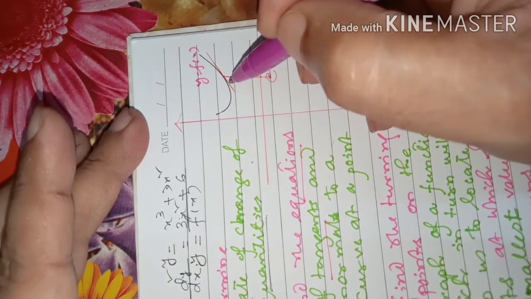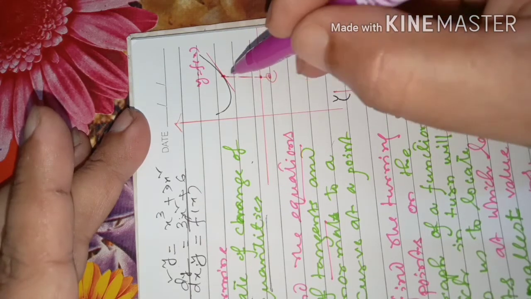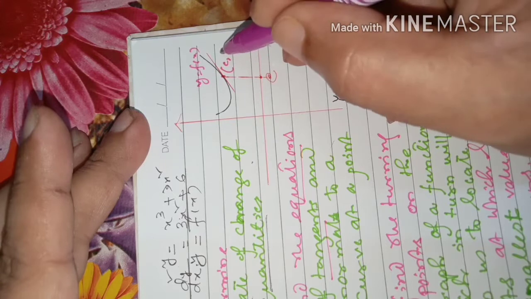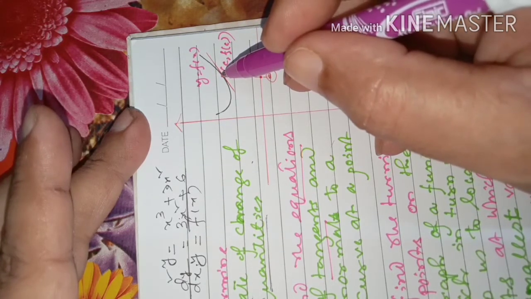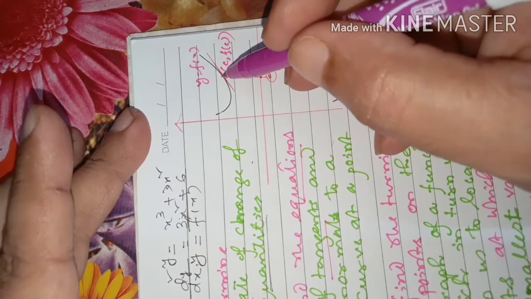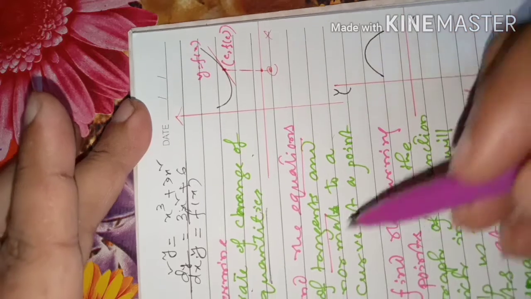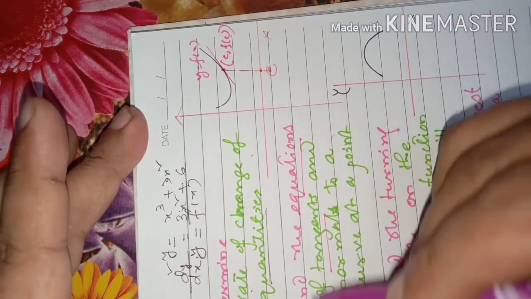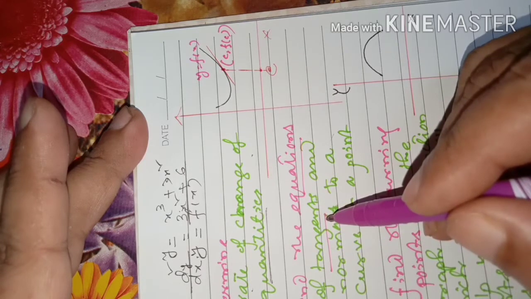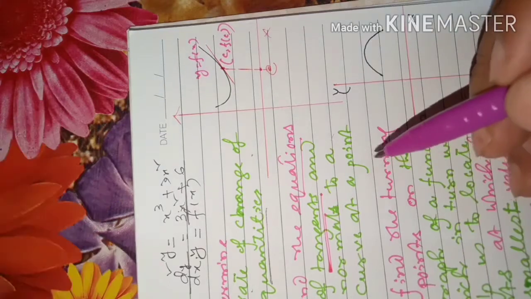Now at this point, I need the slope of this tangent, and that can also be found by finding dy by dx. So to find the equations of tangents, we can use derivatives.